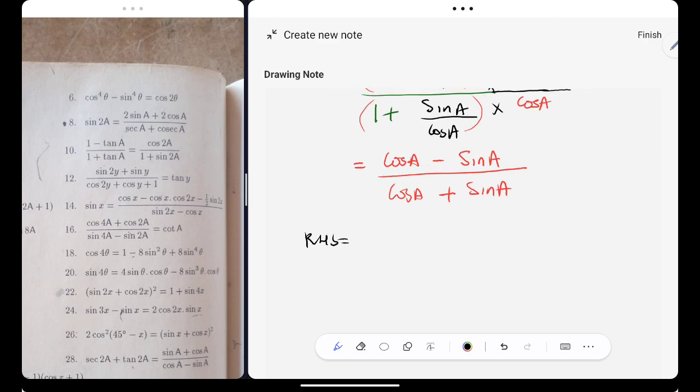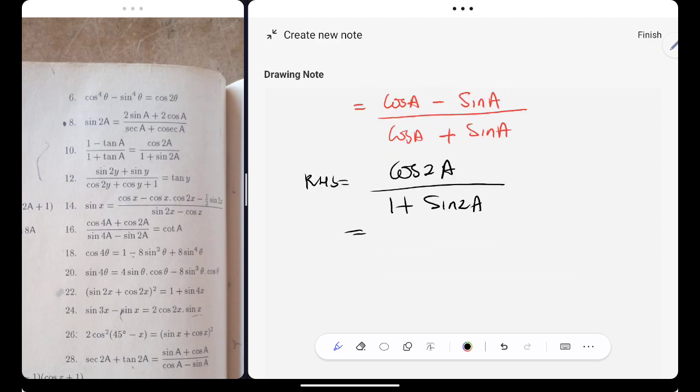On the right hand side, we have cos 2A all over 1 plus sine 2A, right? I can see that whenever I expand the double angle for sine, I'll have two trig ratios which I cannot change. So it's always advisable for me to change the numerator with the identity that is also two trig ratios.